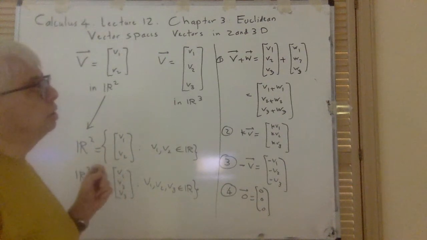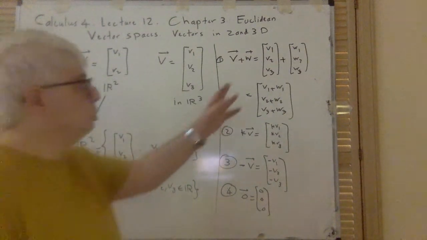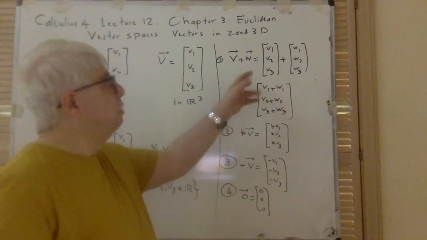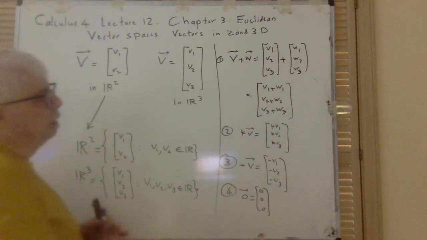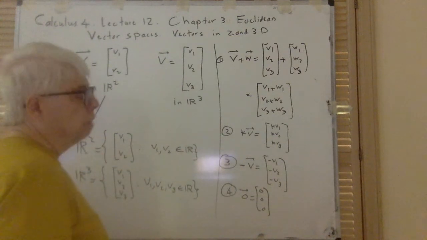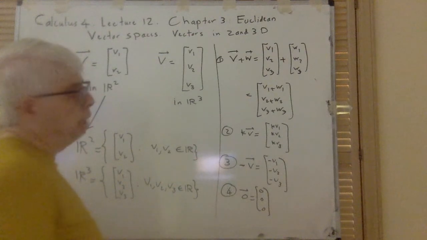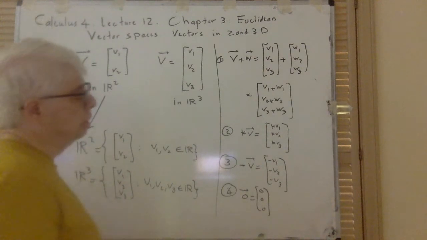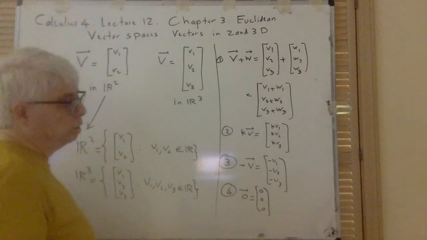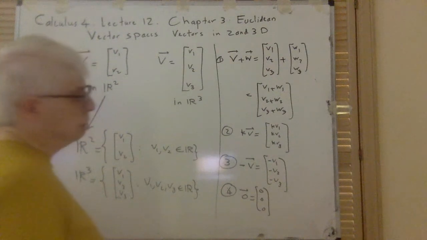The first operation is vector addition, which is defined as simply adding those two matrices. Also we define scalar multiplication to be simply multiplying k by that matrix, like multiplying a matrix by a constant. We also define the negative of a vector to be simply the negative of that matrix, and the zero vector to be the zero matrix.